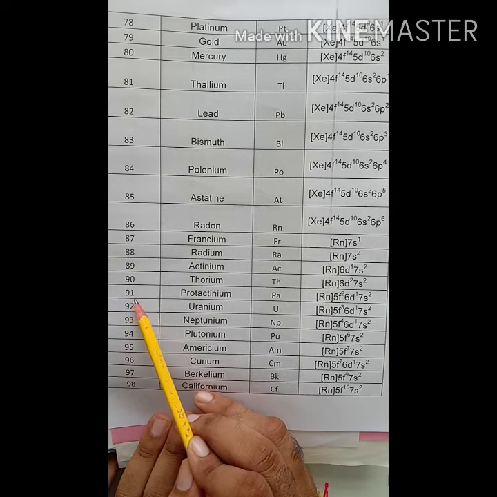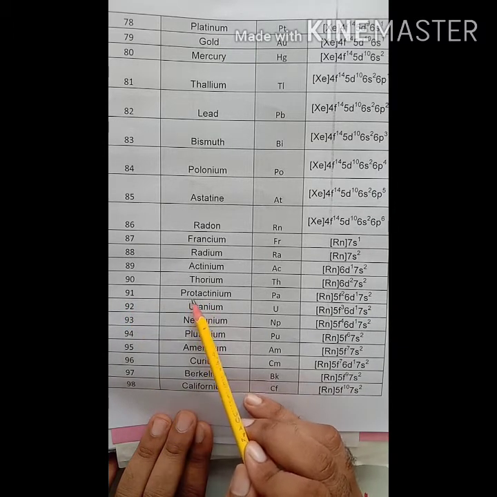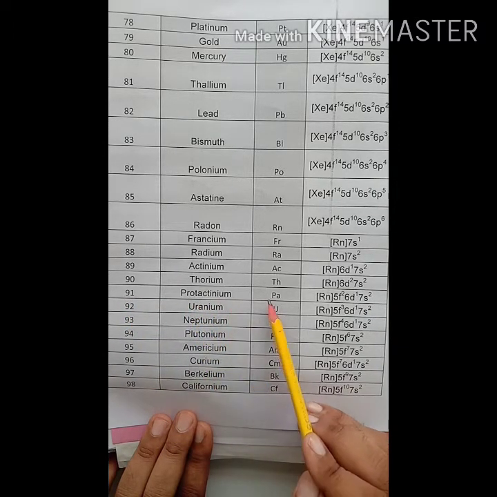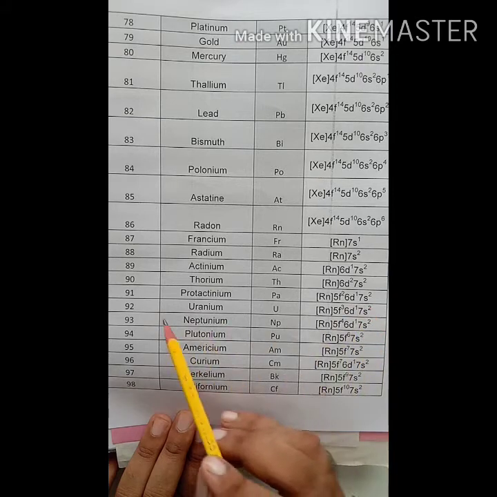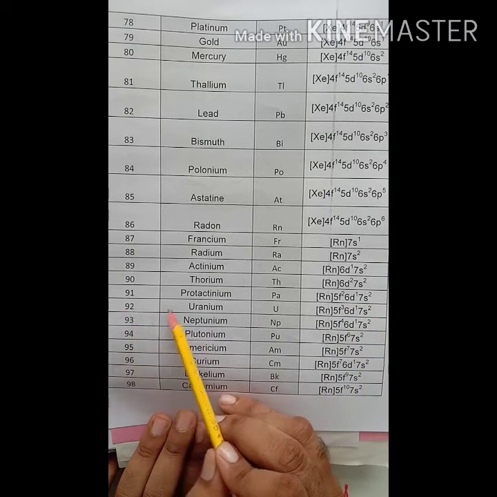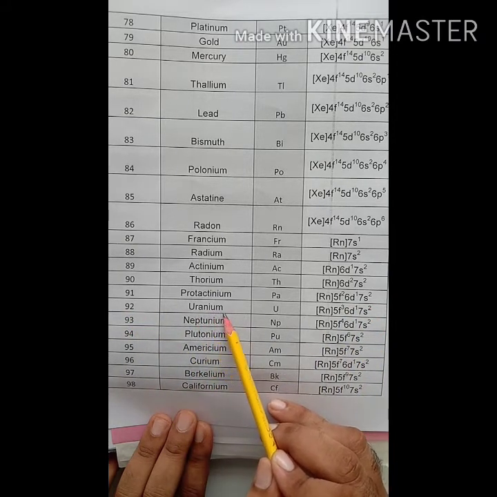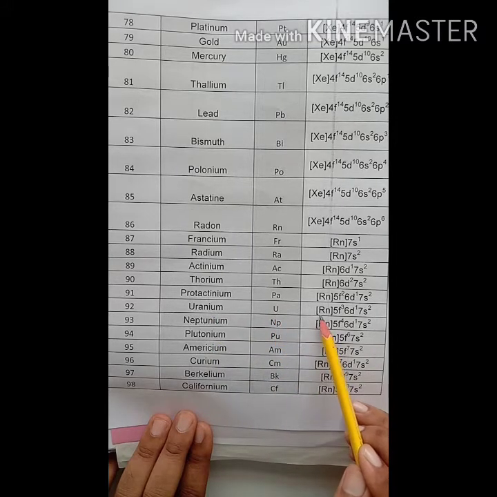The next atomic number is 91. Name of element is protactinium, symbol is Pa. Electronic configuration is Rn, 5f2, 6d1, 7s2. The next atomic number is 92. Name of element is uranium, symbol is U. Electronic configuration is Rn, 5f3, 6d1, 7s2.